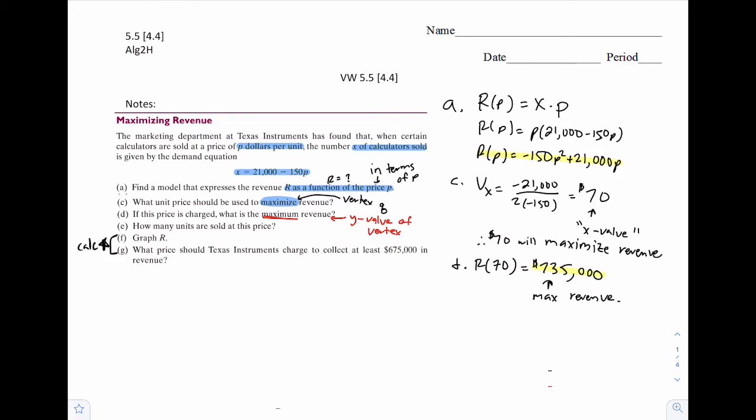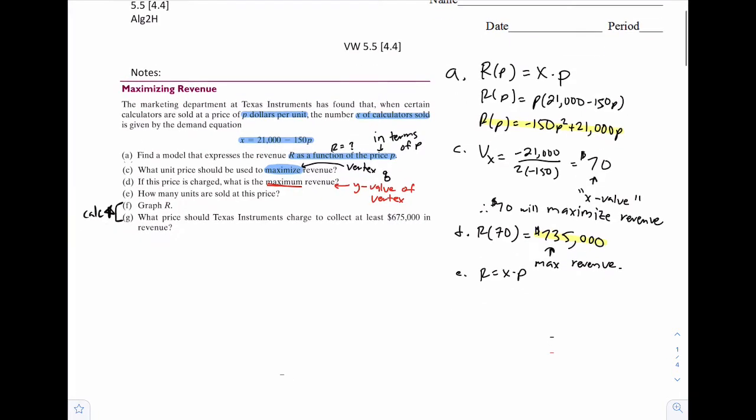E, how many units are sold at this price? So for E, what I would do is look back at the original equation right here. We know that the revenue is equal to X times P. The question is how many units were sold at this price. So we know a couple things. We know that the max revenue was $735,000.